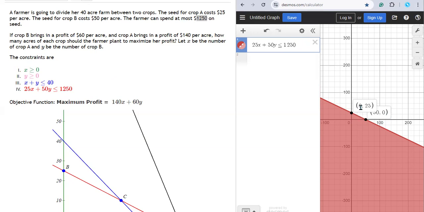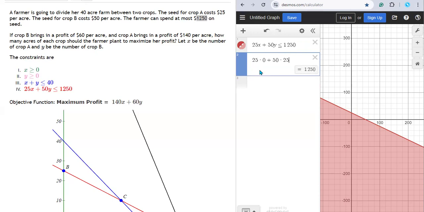Okay, so if X is 0 and Y is 25, what does this equal? Let's try it out. 25 times 0 plus 50 times 25. So X here is 0. Y is 25.